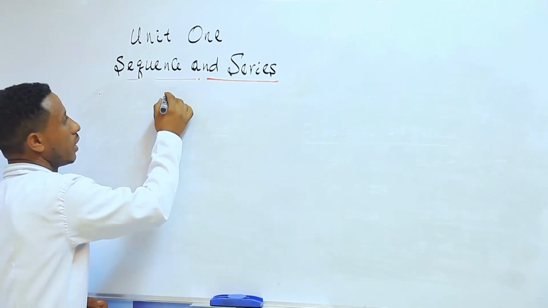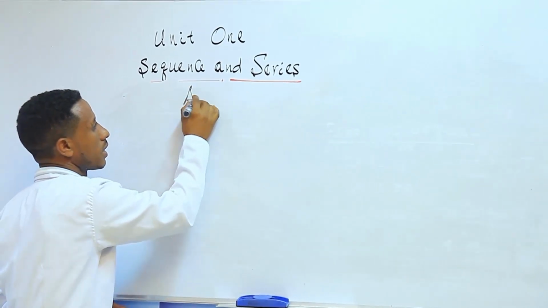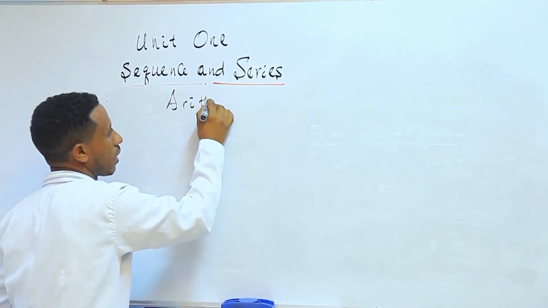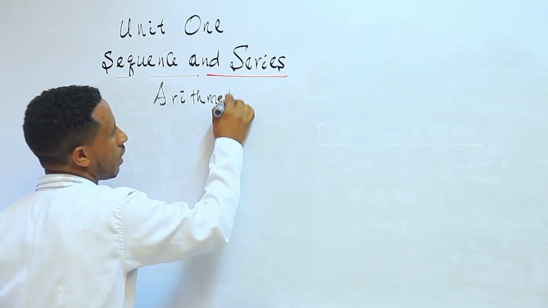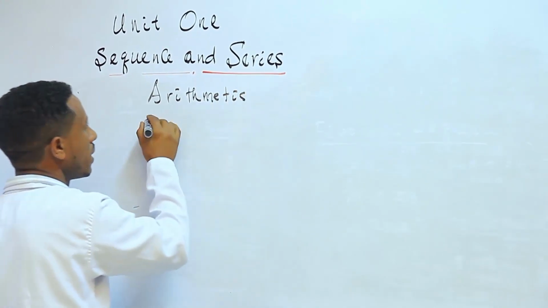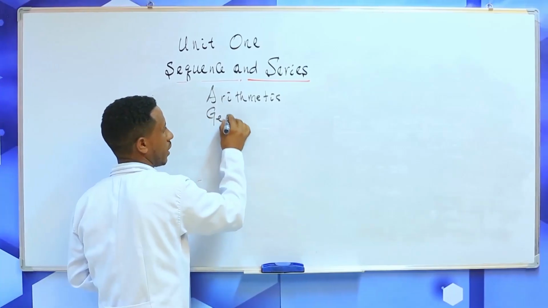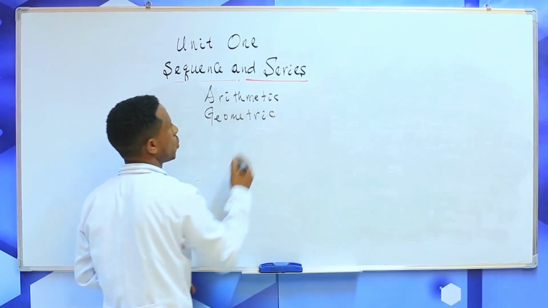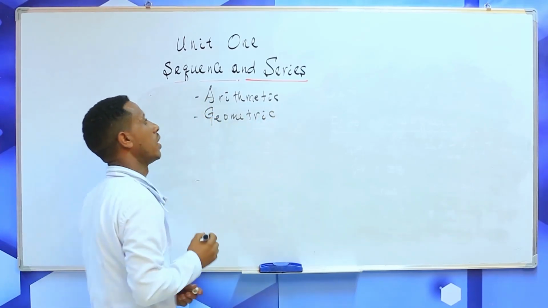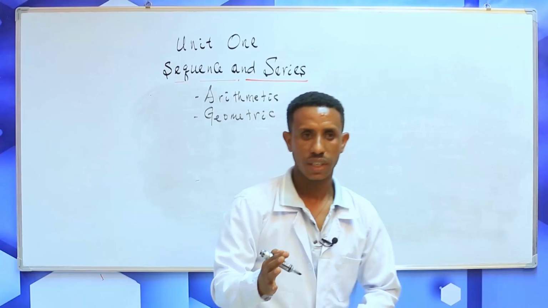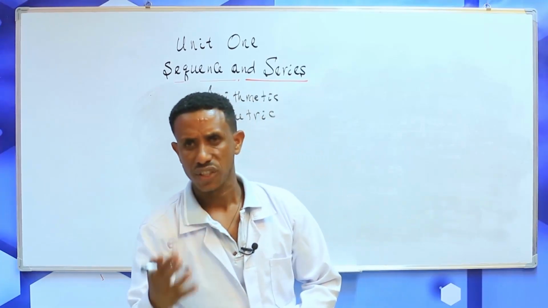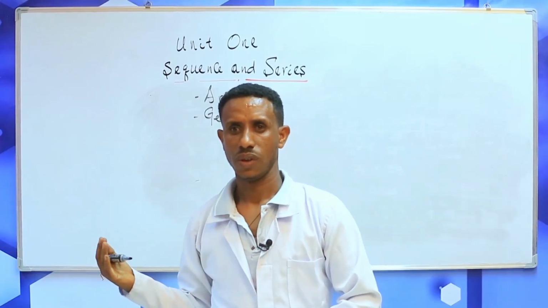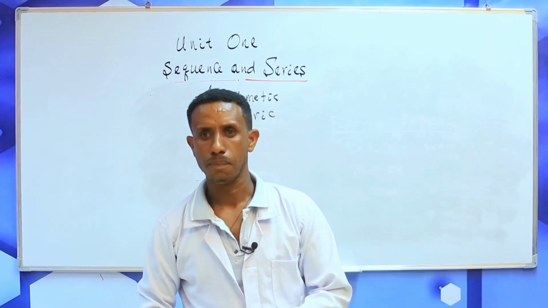Sequences can be categorized as arithmetic and geometric sequences. Now we will see what is the difference between these two, and we will define them mathematically.